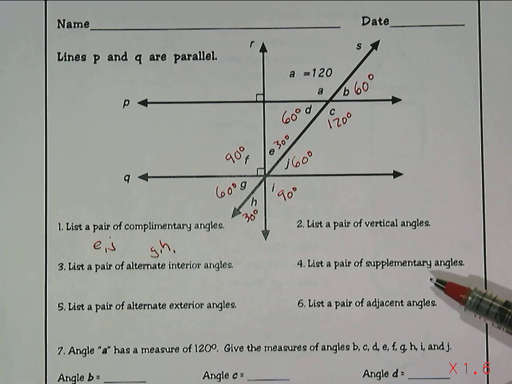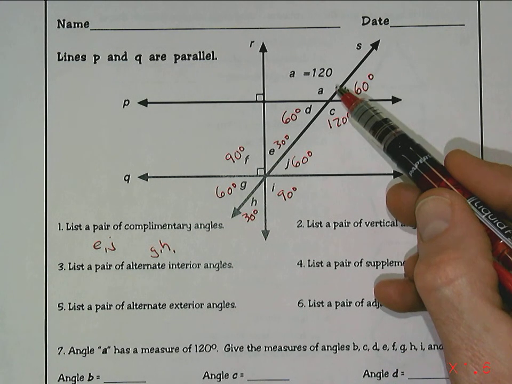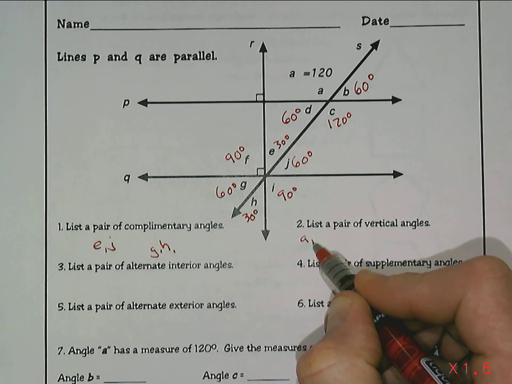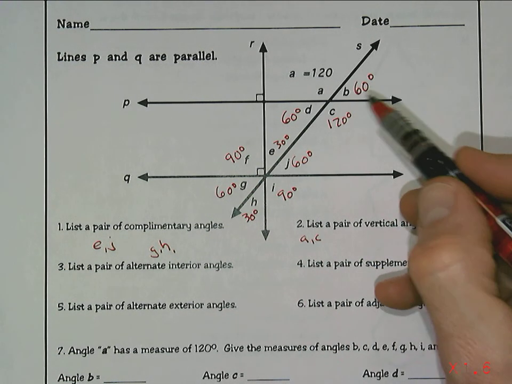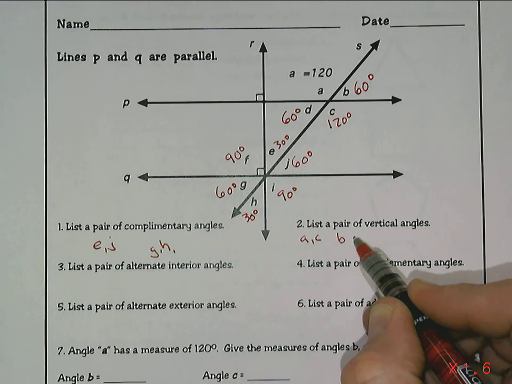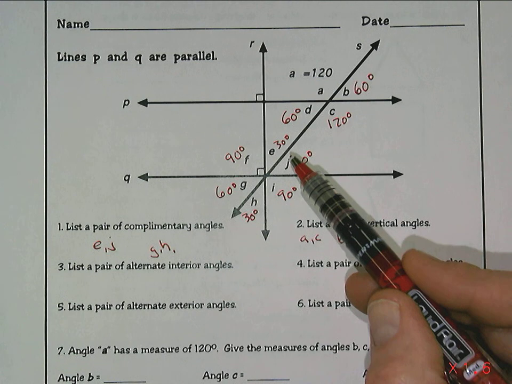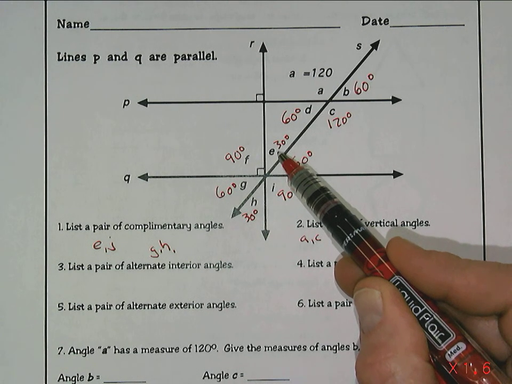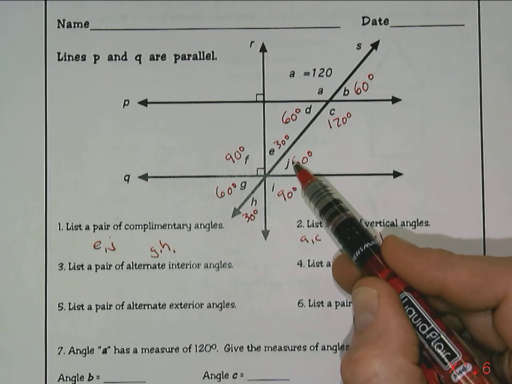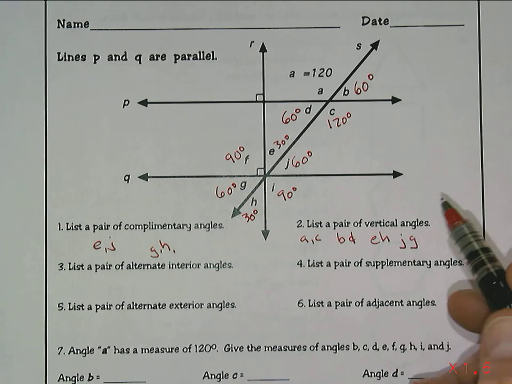Now there's lots of pairs of vertical angles on the page, and so we can list a couple of them. I'm going to start up here, like A and C are vertical angles, and B and D are a pair of vertical angles. And then if I move down here, there's a bunch more. E and H, J and G are vertical angles.